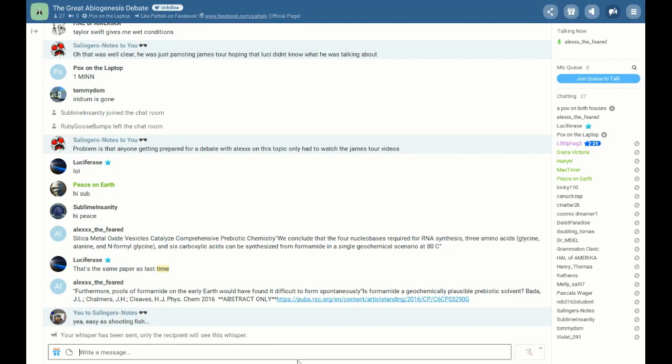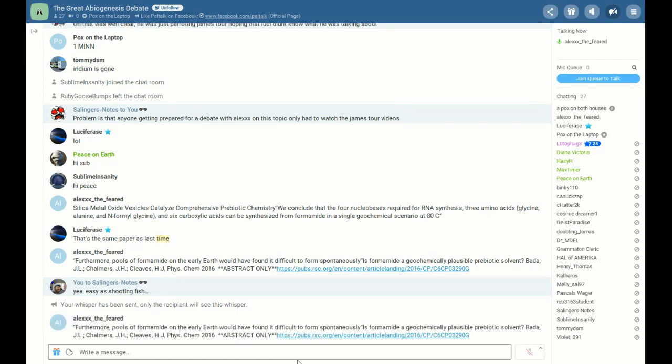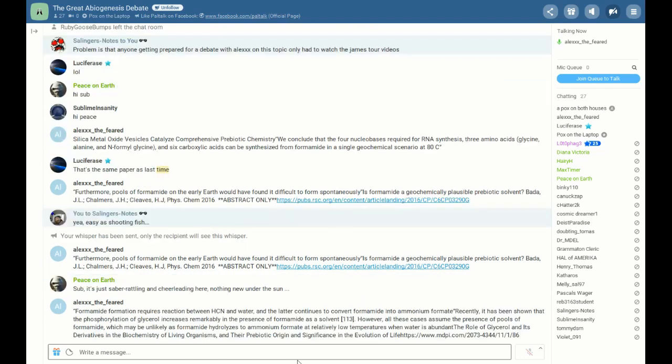Now, here's one that really should bother you regarding formamide. Formamide formation requires reaction between HCl and water, and the latter continues to convert formamide into ammonium formate. Recently, it has been shown that the phosphorylation of glycerol increases remarkably in the presence of formamide as a solvent.